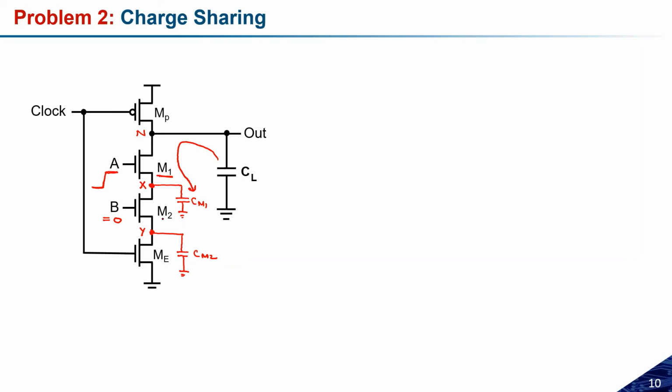But because one transistor is on and the second transistor is off, ideally there should be no discharge, but it will discharge due to these internal capacitances, or it will share its charge, and the output level will be somewhat degraded. It will be shared with this CM1. So this is what the problem is.